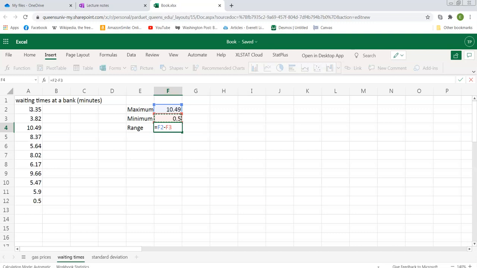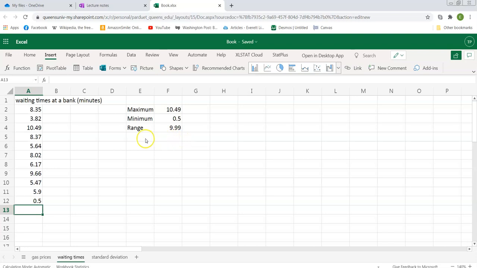The one benefit of that is that if you realize one of these numbers should have been different for some reason, if this was supposed to be 1 instead of 0.5, it automatically updates it. Whereas if you type in just 10.49 minus 0.5, it won't do it.